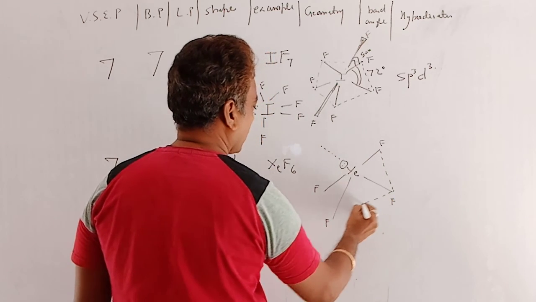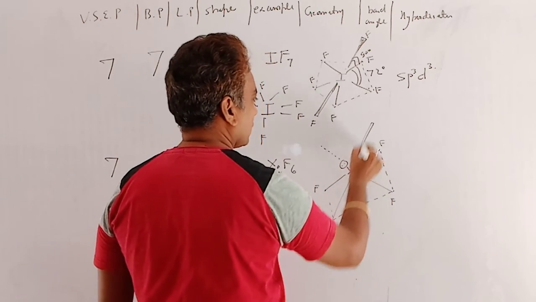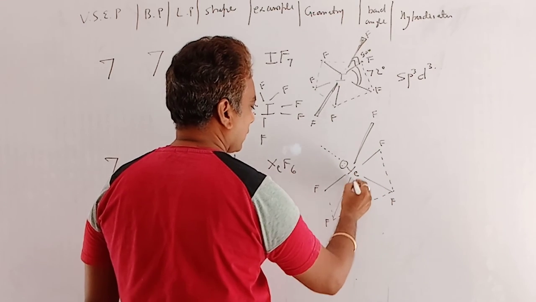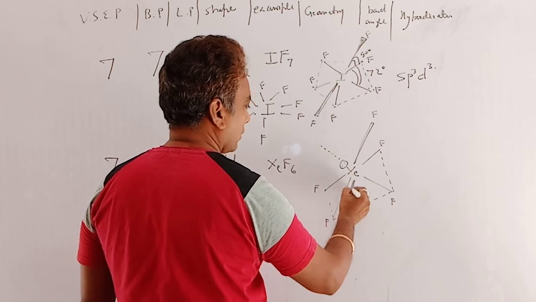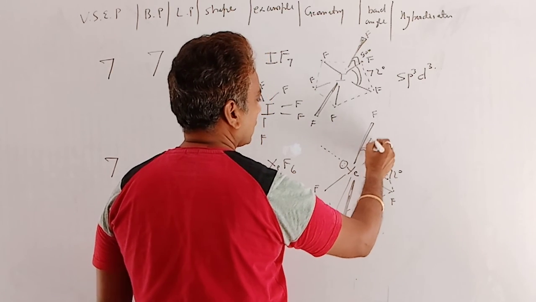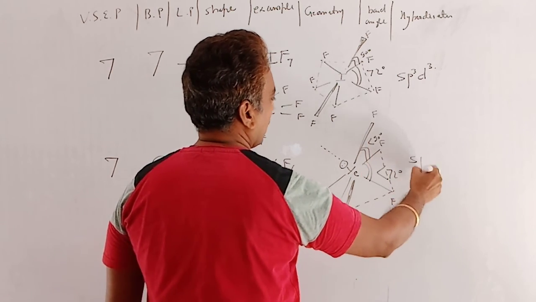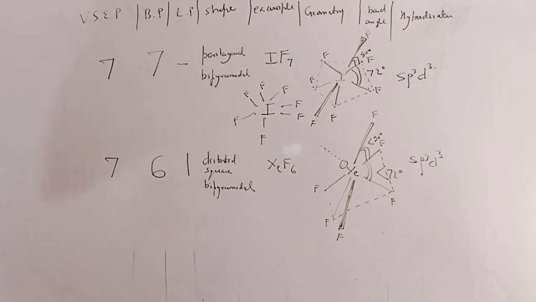Here is the distorted pentagon due to the effect of the lone pair. One fluorine is upward to the plane and another fluorine is downward to the plane. Here the bond angle is less than 72 degree as well as less than 90 degree also. Hybridization is sp3d3, same. So here are all the possible cases of hybridization in the case of compounds of non-metals.